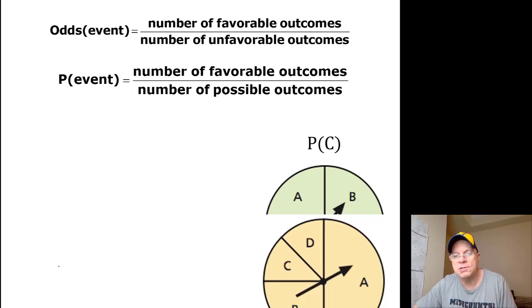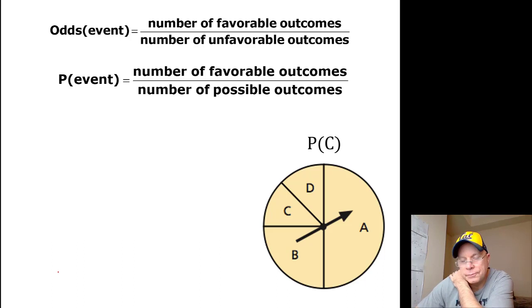Consider the probability of C on this spinner. Okay, there's only one space labeled C, and there are 4 spaces where it could land, but they're not equally likely. So we need to break these up like this and understand that if this space is 1/8 or half of 1/4, so 1/8 of the spinner, and this is 1/8, I need to realize that B takes up 2/8 and A takes up half of the spinner, or 4/8.